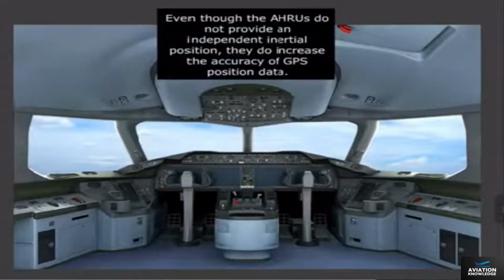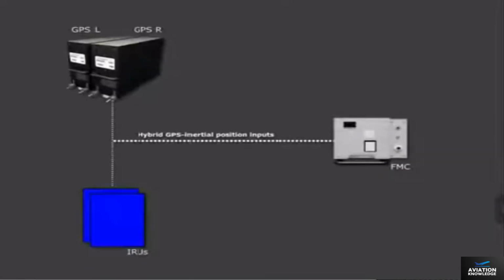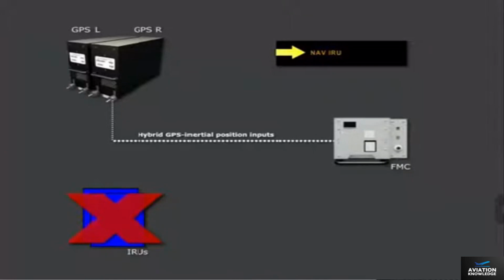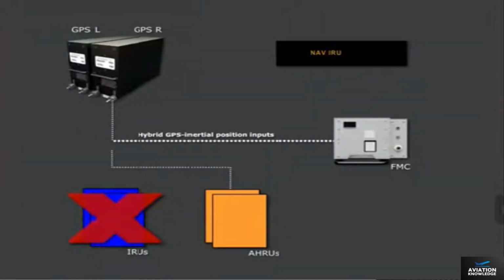Even though the AHRUs do not provide an independent inertial position, they do increase the accuracy of GPS position data. In the event both IRUs fail, the NAV IRU ICAS advisory message displays. The FMC continues to receive hybrid GPS inertial position data, but in this case, the AHRUs are used to supplement GPS position.